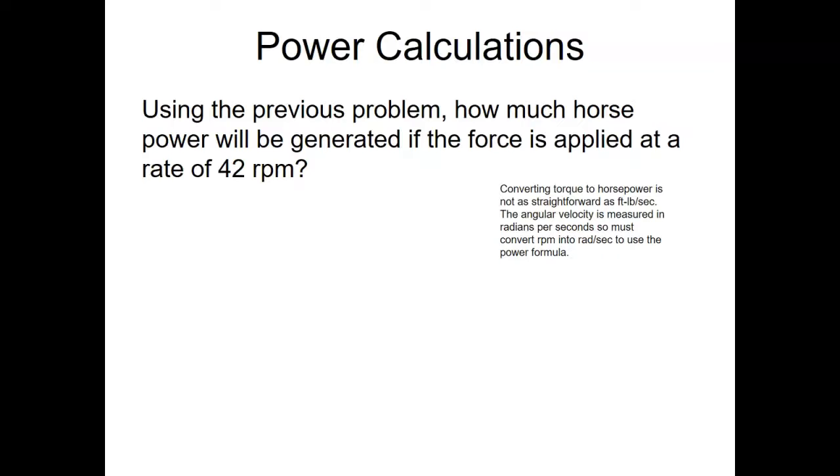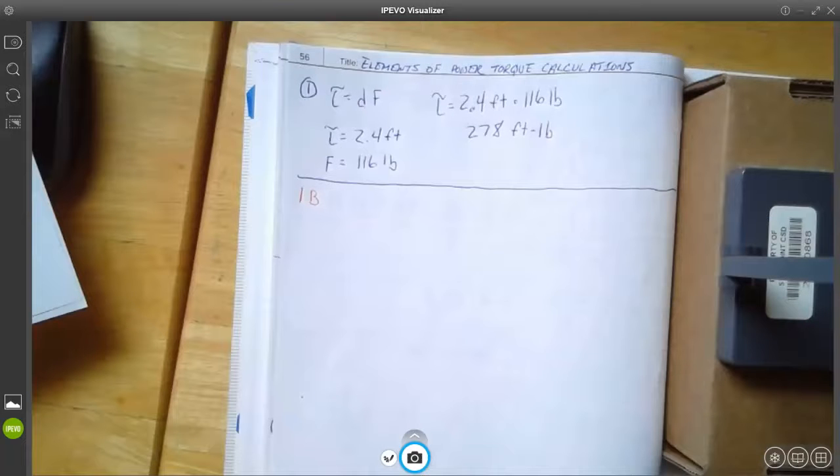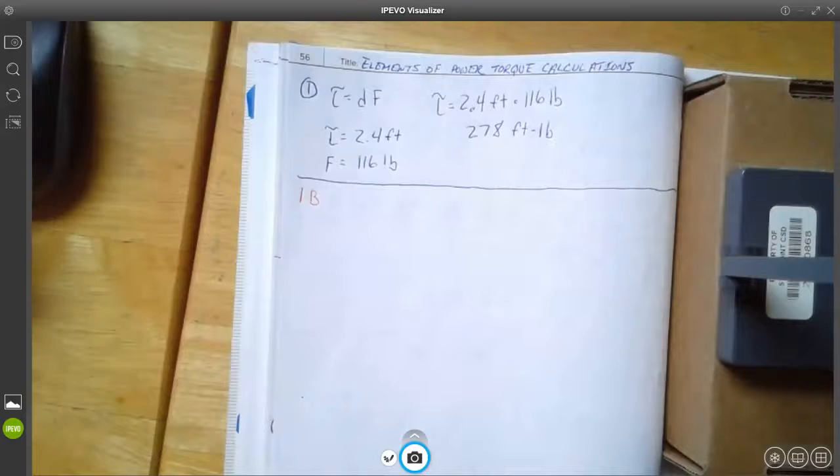When we're converting to horsepower, this is the first step. We'll call this 1B, and we're going to use this 278 value right here. Let me get back to my camera. All right, 1B. We're going to calculate first the angular velocity.